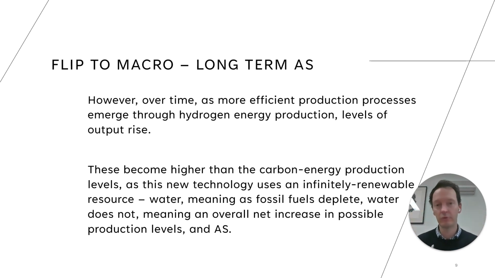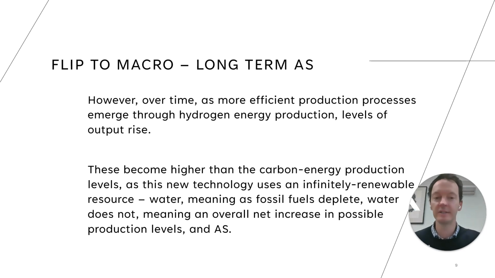This last idea really needs to demonstrate that there is a net gain. So if this is our starting point, and we've lost this much output in the short term because it's an infant industry and firms are figuring out how to do it, what you need to demonstrate is over the long term, the energy production provided from this new renewable energy is going to be higher than would have been the case if we just stuck with the carbon energy systems.